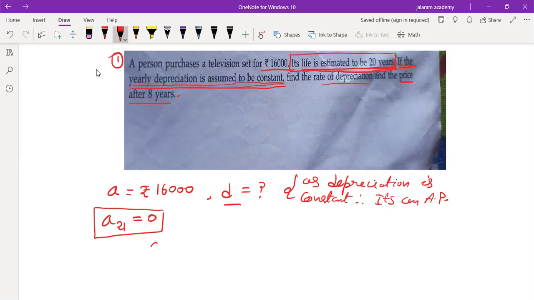Now we use the formula for the general term of an AP, which is an equals a plus n minus 1 into d. If we substitute 21 in place of n and 16,000 in place of a, then 21 minus 1 into the common difference d, which is unknown and constant.